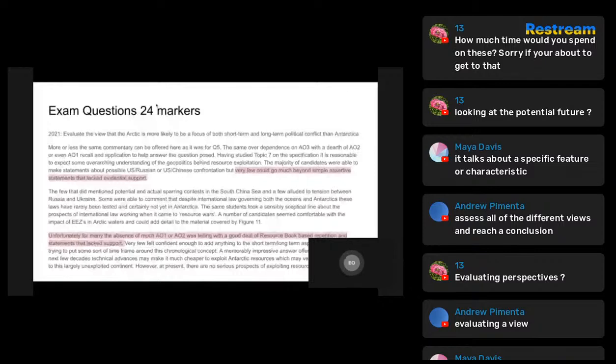So coming back to this, just writing simple assertive statements like Russia planted a flag underneath the North Pole. Okay, that's a great piece of information, but really what's the relevance of this? Okay, how will that lead to a short-term or long-term political conflict? Why is it that there is disagreements over the continental shelf between Russia and Greenland?